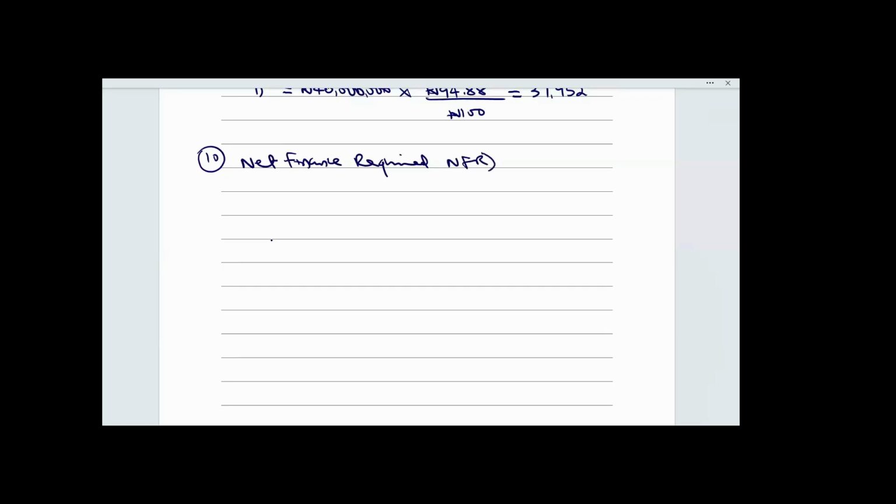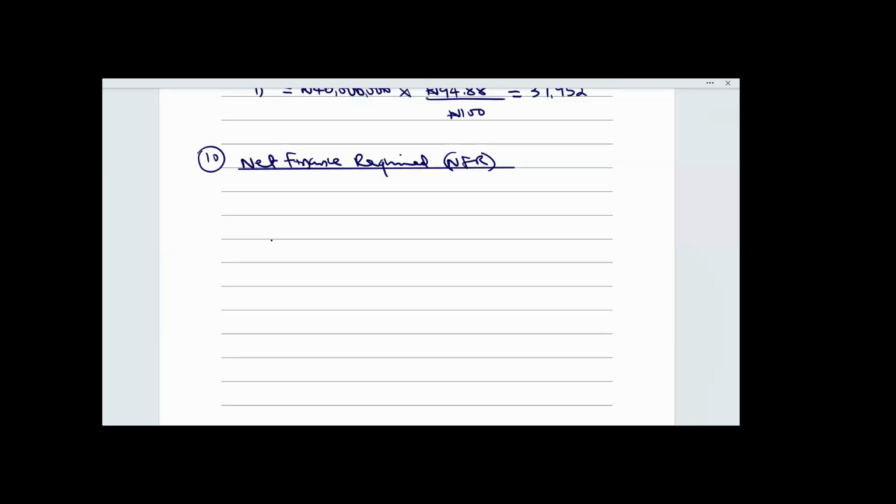NFR. Remember when I was explaining to you last time, I said that the amount that the company will receive at the end of the day will be the net amount, because when you want to borrow or raise capital in the market, you are going to incur some expenses before you receive the funds.